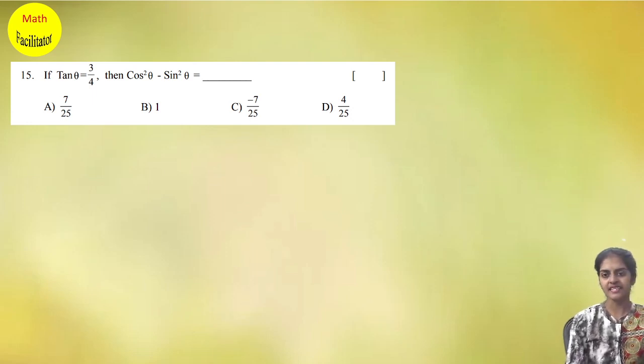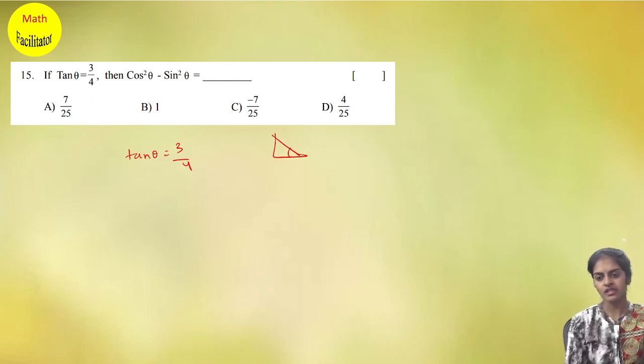Next question, tan theta is 3 by 4. So if tan theta is 3 by 4, it's always good to learn Pythagorean triplets. So what is a Pythagorean triplet? See here, tan is given as 3 by 4. So 3 is the opposite side, 4 is the adjacent side, 5 will be the hypotenuse. 3, 4, 5 is a Pythagorean triplet.